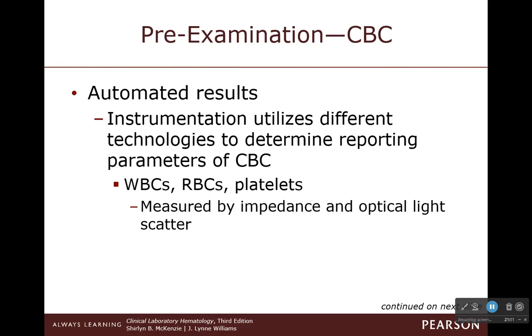So every time that it impedes, there's a counter down here, and I know this sounds real simple, but it really is. It's complicated computer-wise, but it's simple that every time the electric flow gets impeded, it says, there's a cell, there's a cell, there's a cell, okay? And then it spits out the count based off of that impedance, okay? Now, most instruments have two different chambers, okay?